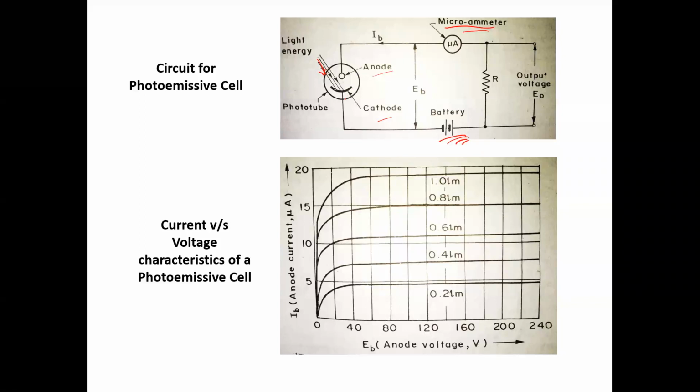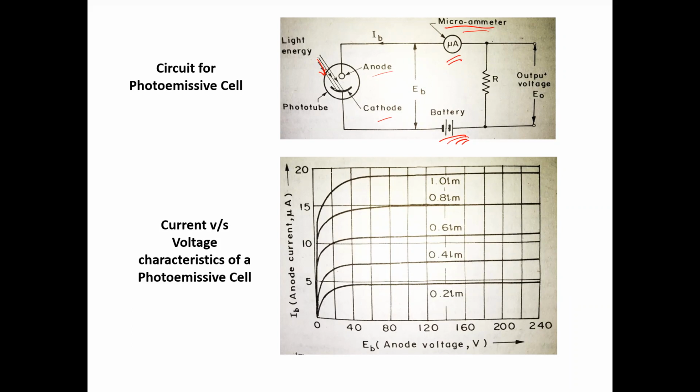For this type of phototube, the magnitude of the current is very low. For that reason, an ammeter in the microampere range, or even a lower range if possible, would be necessary to detect the change in current.